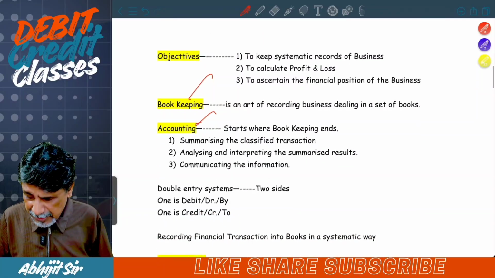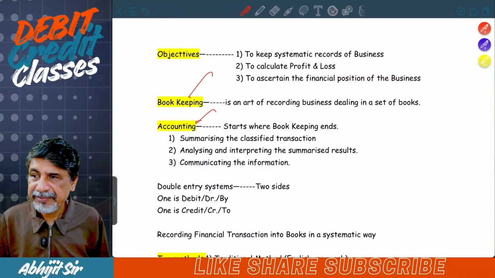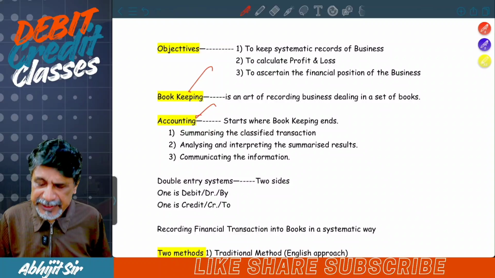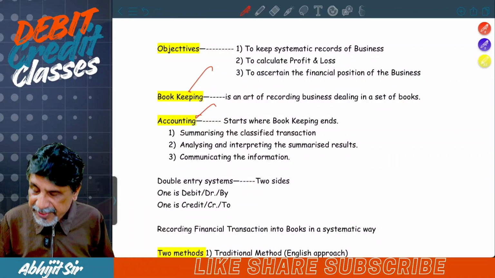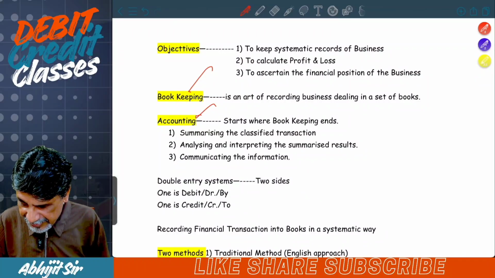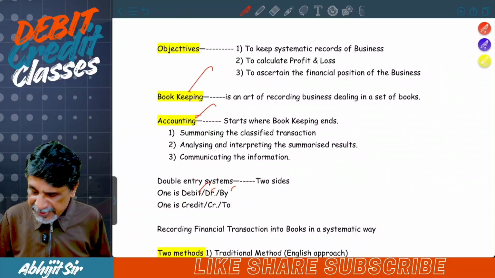Now I am talking about the double entry system. I said earlier that the double entry system has two sides. Number one, the debit side. One side is the debit side and one side is the credit side.